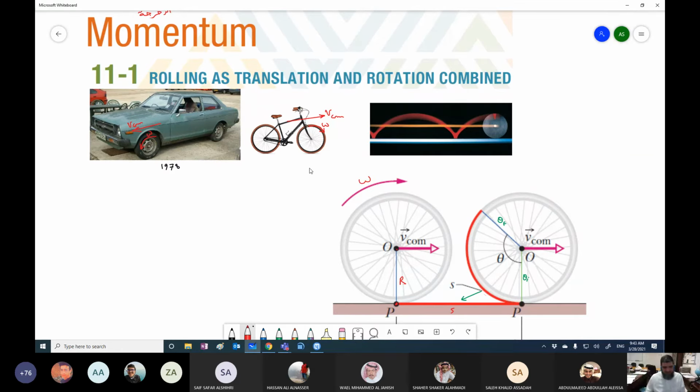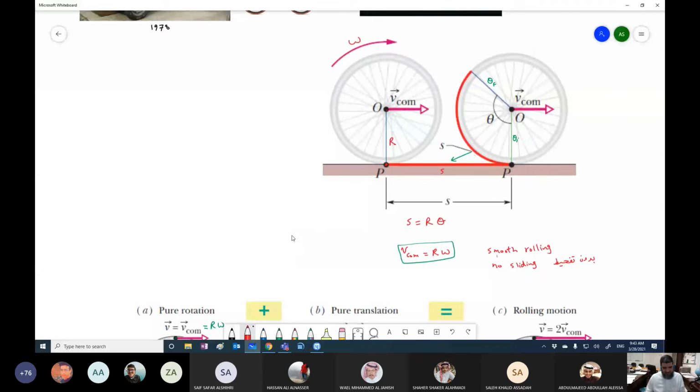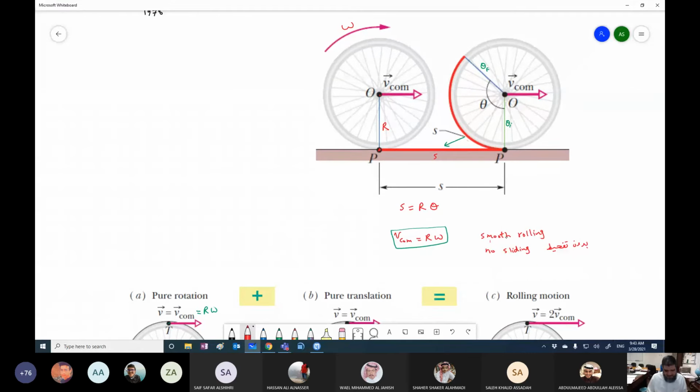كلمة smooth rolling معناها there is friction. كلمة smooth هنا معناها إنه no sliding. Okay, no sliding, but there is friction. Which type of friction do you think؟ هل هو static friction ولا kinetic؟ لا يا رجل، kinetic ازاي يا رجل؟ لو في kinetic معناها فيها شوية تفحيط، صح؟ ايوه صح.